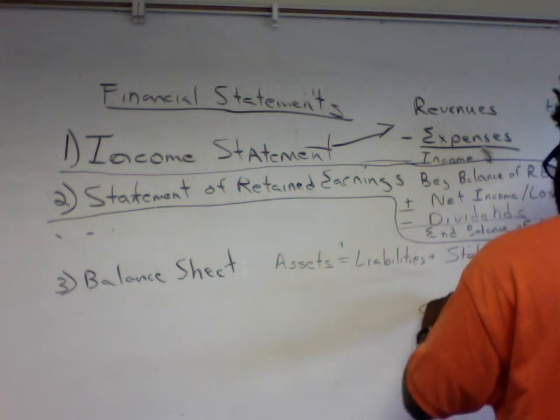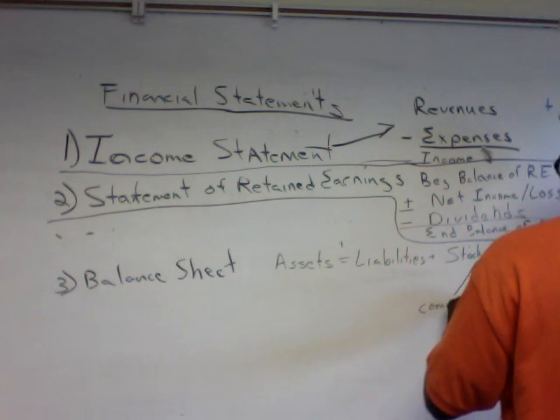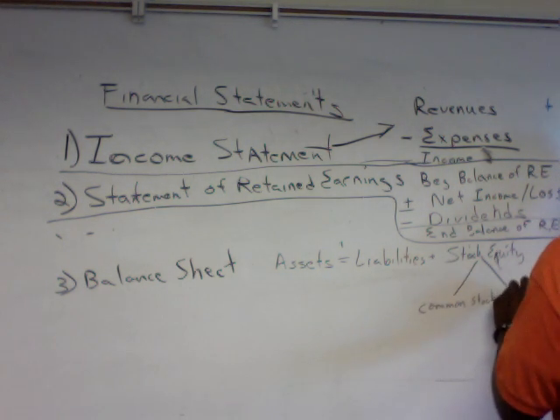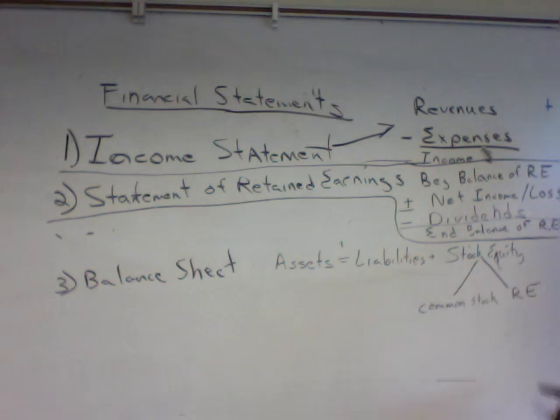Common stock. And our other part of stockholders' equity is what? Retained earnings. We're going to get our retained earnings amount from our previous statement. Do you guys see the connection?